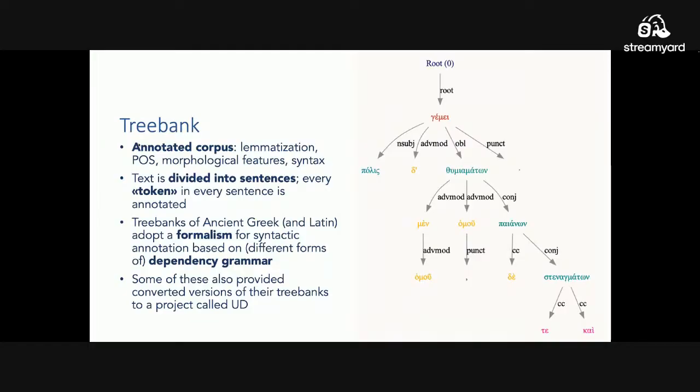In order to have a treebank, you need to have a formalism, a way to describe the syntactic relations of words. There are a few of them, but the treebanks of ancient Greek and Latin adopt a formalism that is called dependency grammar. I will not enter into the detail, but basically the words are put into relation with each other.